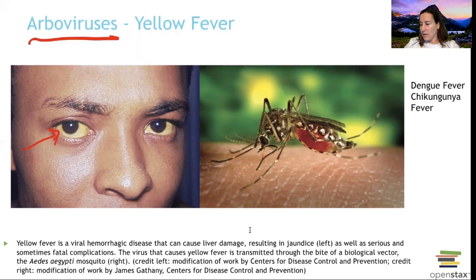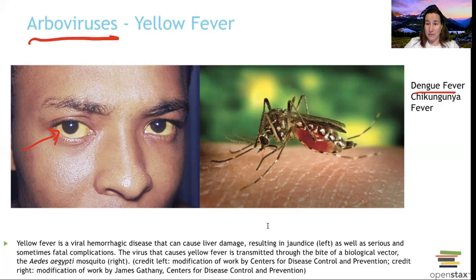Dengue fever, this guy over here, also going to be spread by mosquitoes. This one is normally self-limiting. It may have a fever and a headache. It may have a rash. It is called breakbone fever because apparently it could progress and the pain can be so bad that it feels like your bones are breaking.